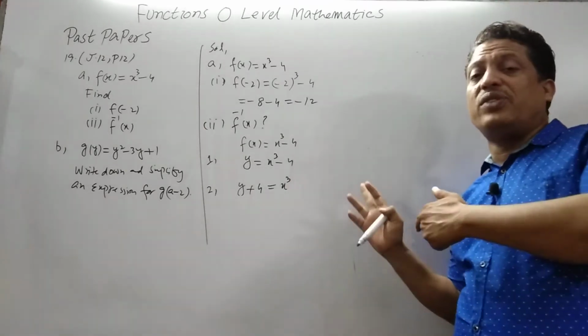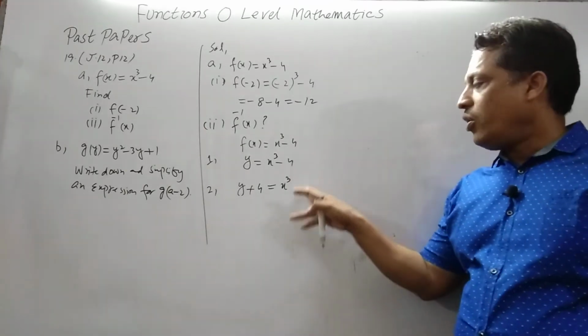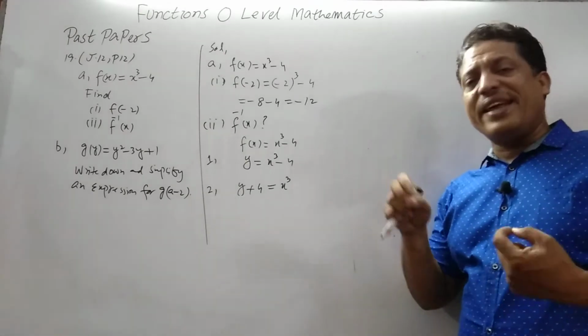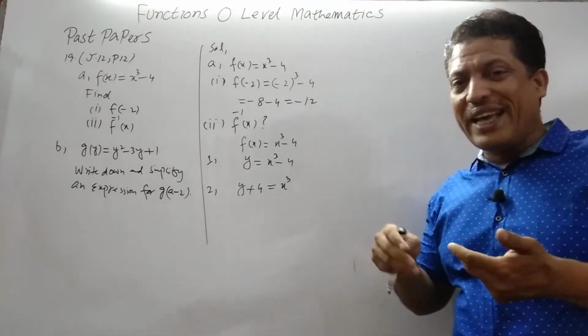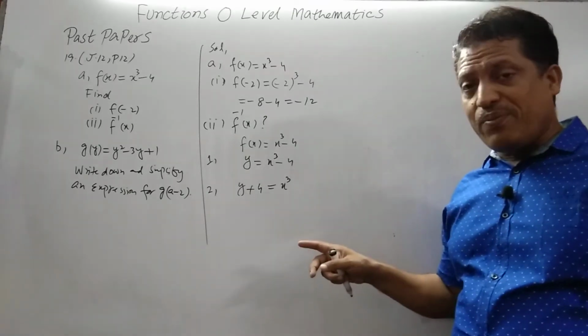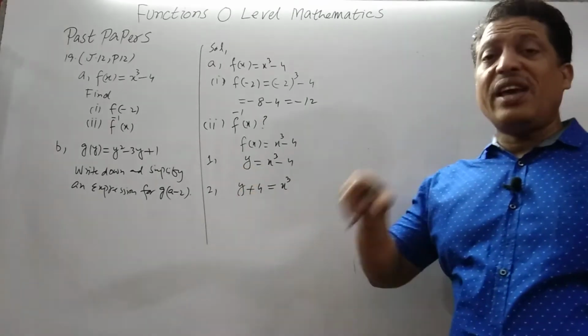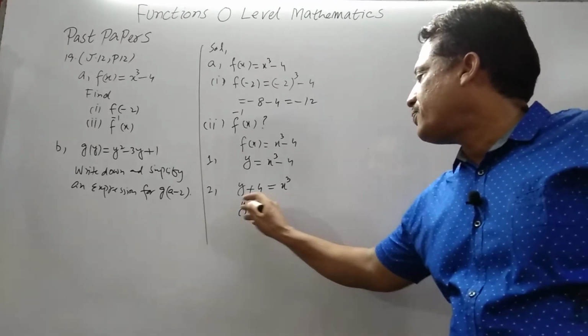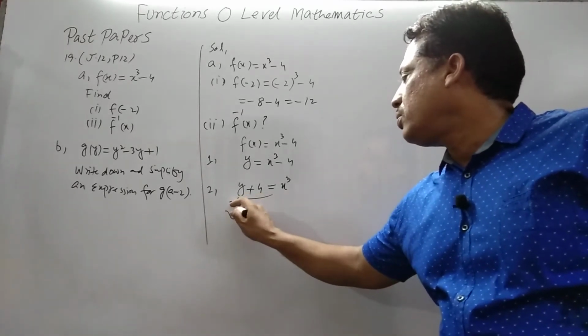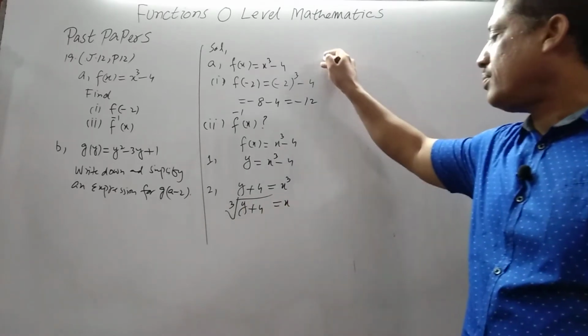So we have to move this cube to the other side. How to move the cube to the other side? Very easy. Whenever we move a square to the other side, we take the square root. Whenever we move a cube to the other side, we take the cube root. So the answer is the cube root of (y plus 4) equals x.